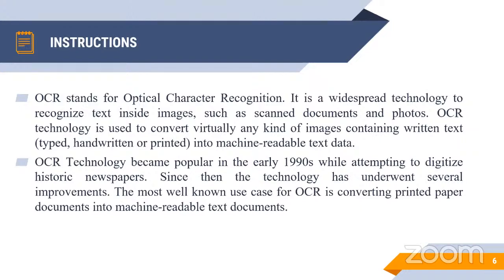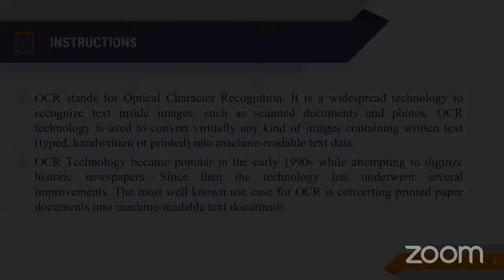The OCR technology became popular in the early 1990s while digitizing historic newspapers. Since then, the technology has undergone several improvements. The most well-known use case for OCR is to convert printed paper documents into machine readable text documents.